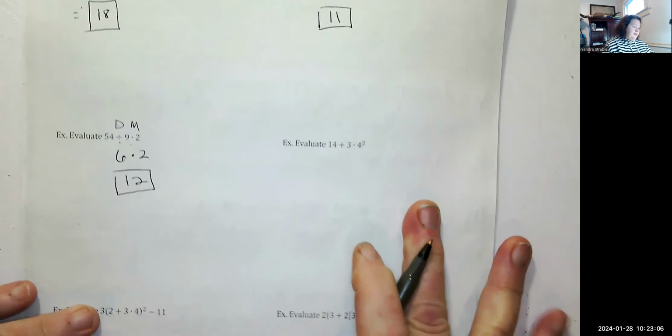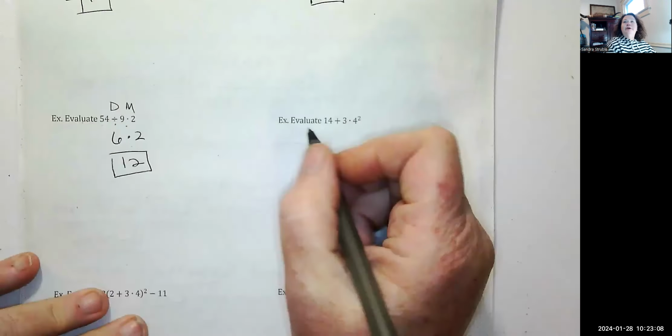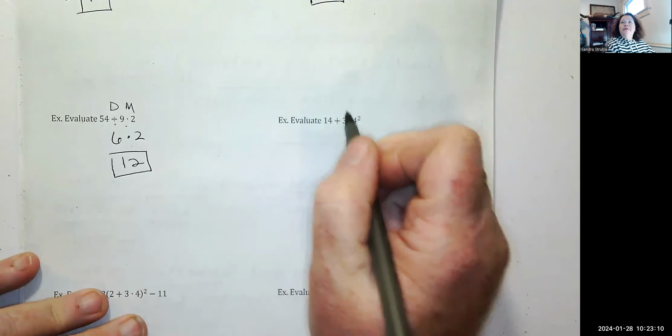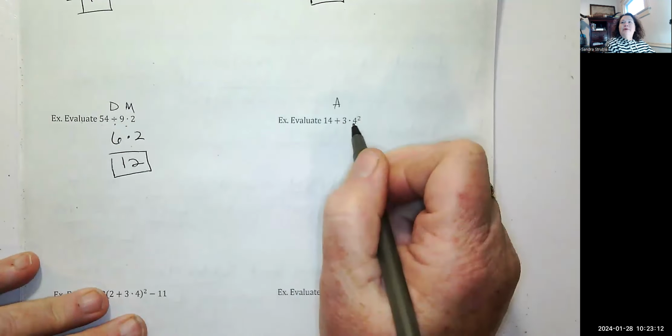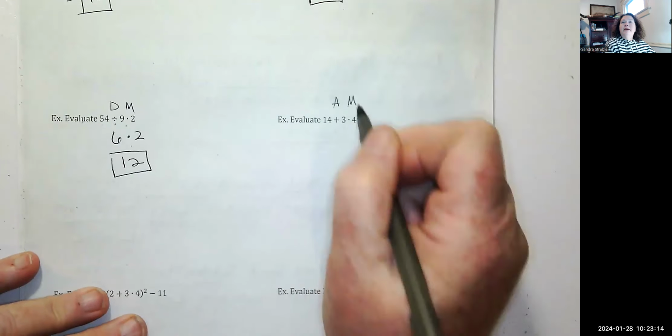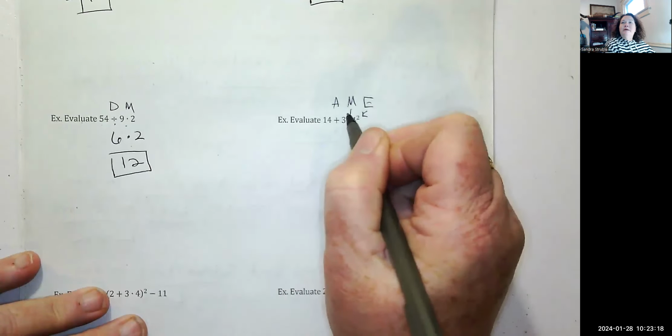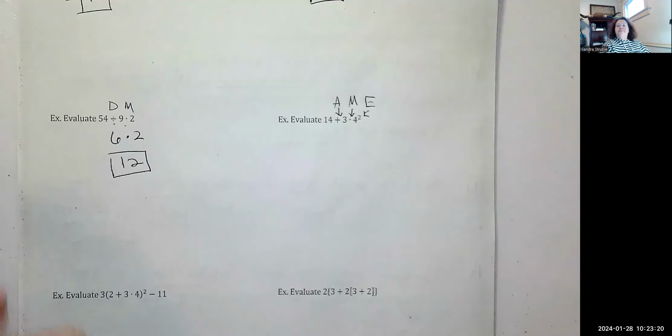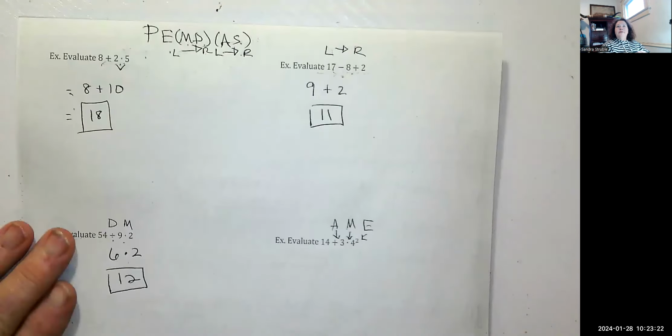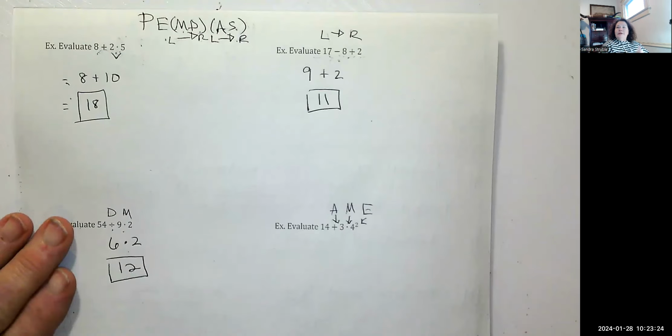All right. The last one over here is 14 plus, we've got addition, multiplication, and exponents. Well, who comes first in order of operation? Exponents do.